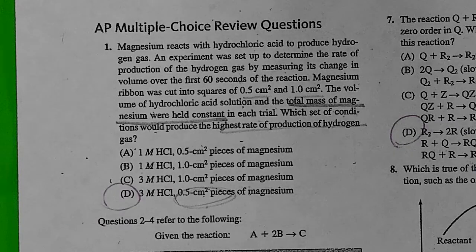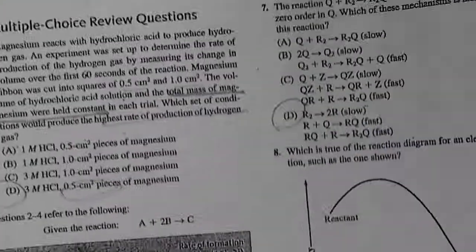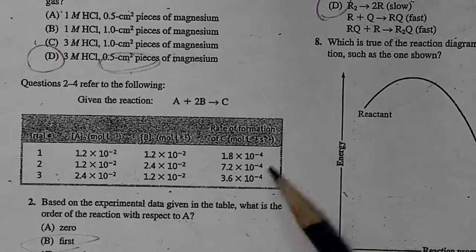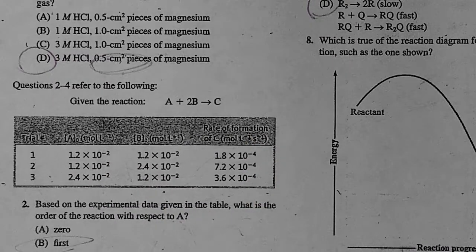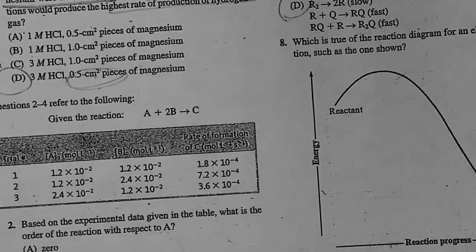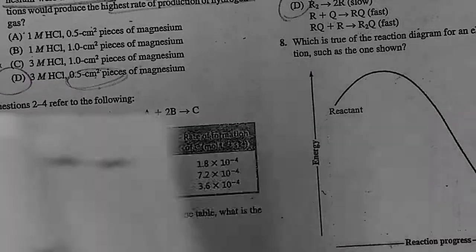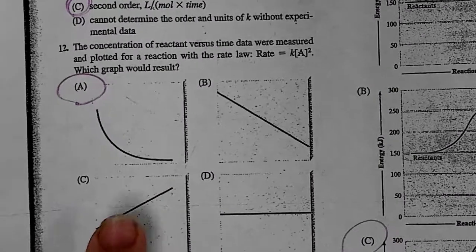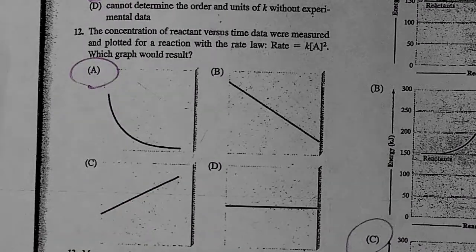Most of them involve looking at tables and answering half-life, probably only for first order, and looking at the linear equation, the ln or 1 over form.